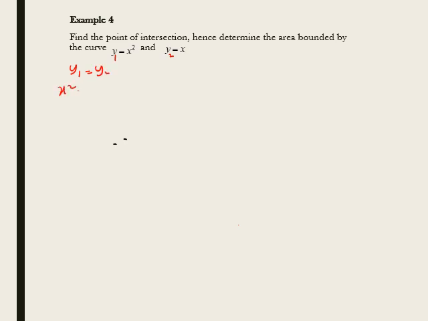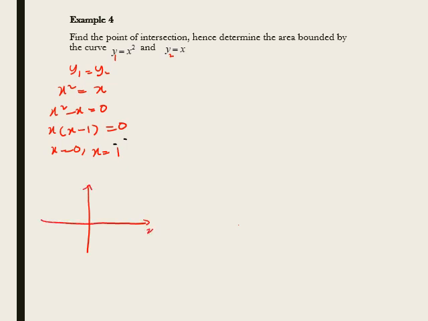So x squared equals x. So x squared minus x equals 0. x times (x minus 1) equals 0. So x must be equal to 0, or x equals 1. If you want to sketch the graph, the intersection points are 0 and 1.